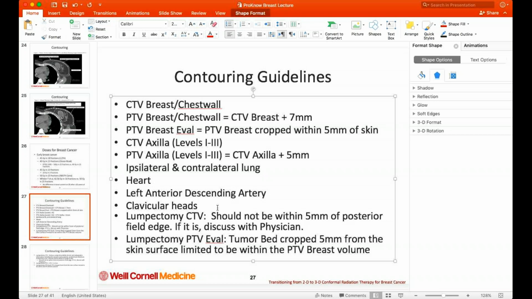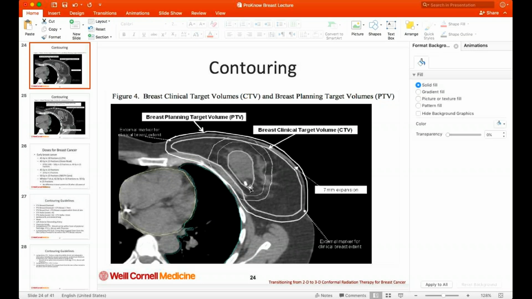You may also want to draw out your clavicular heads to help you as you're delineating the superior border of your chest wall. The lumpectomy CTV is also something that you can draw out. So in this image, people who employ a boost to the lumpectomy bed, either at the same time as they are giving the breast radiation or subsequently, usually draw it out based on any surgical changes that you can see on your imaging.